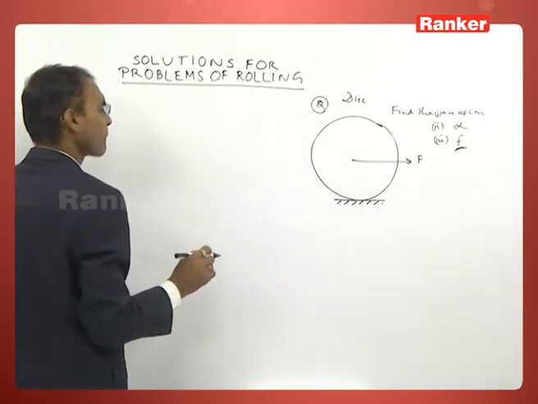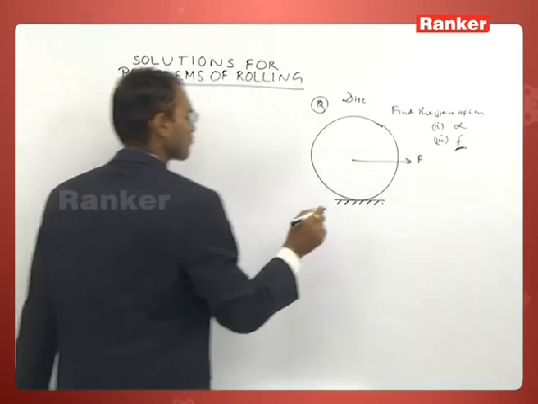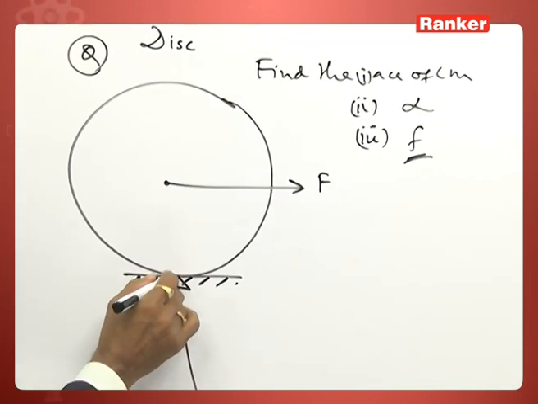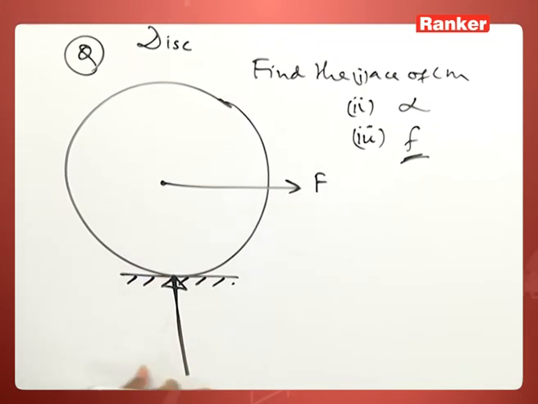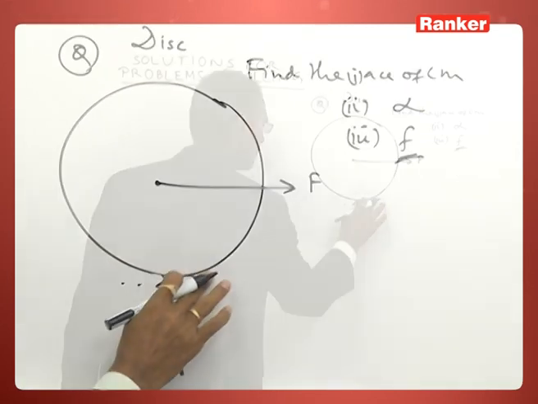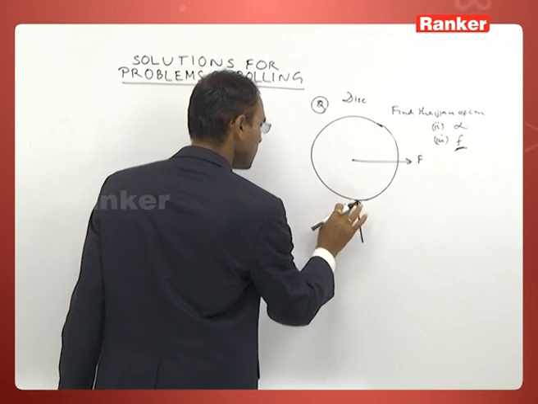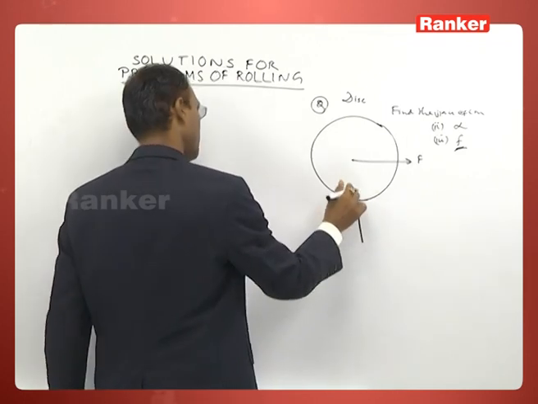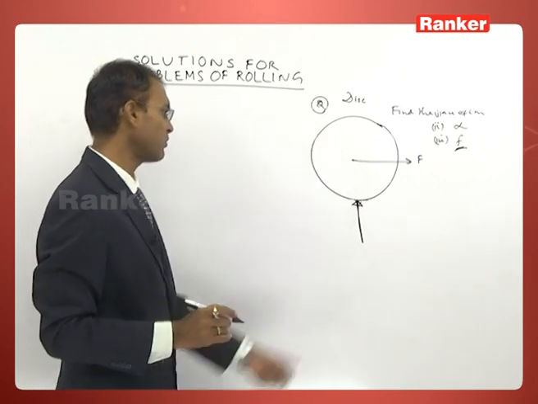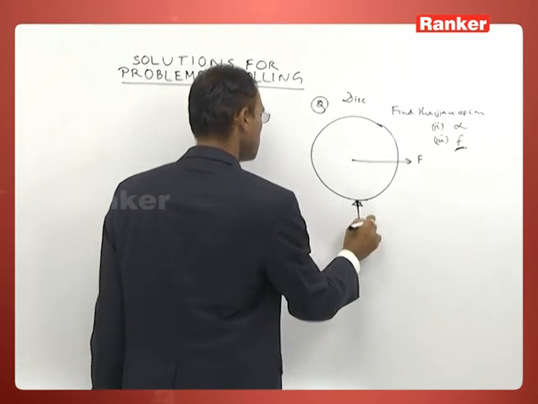So we have our dynamical diagram, that is called the free body diagram. When you make the body free, you can show that the horizontal surface is pushing the body up, that is called the normal reaction.